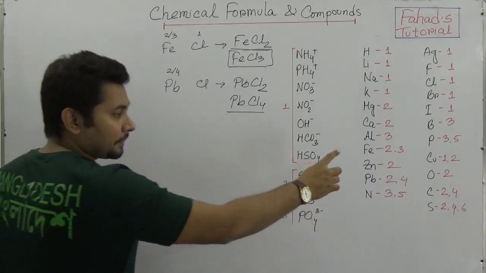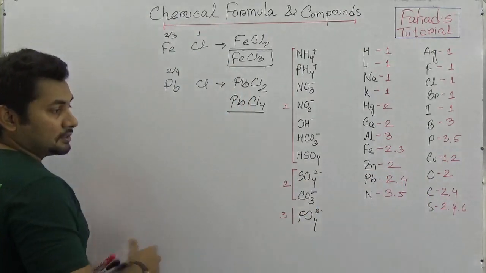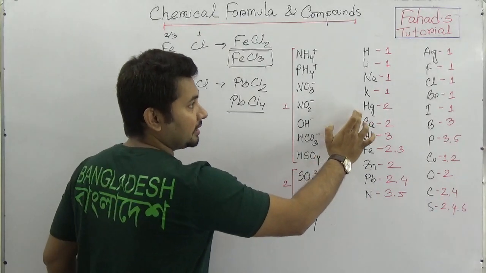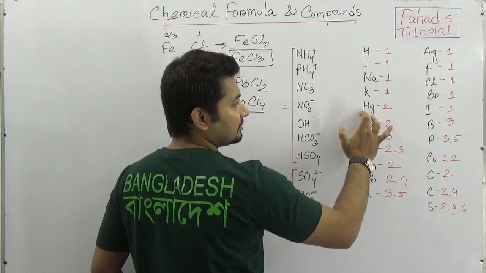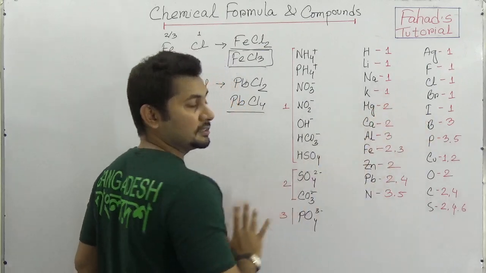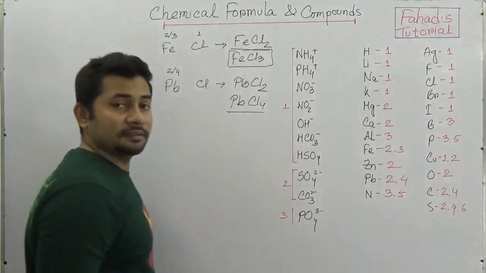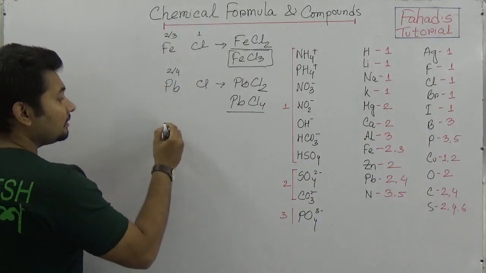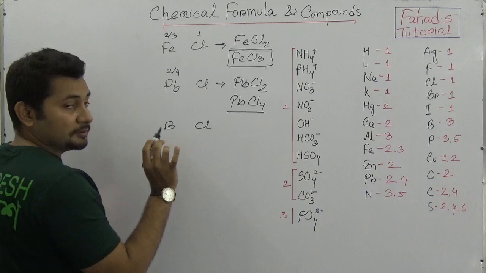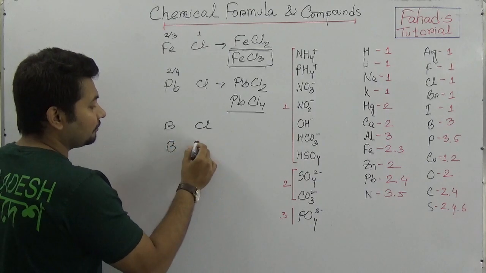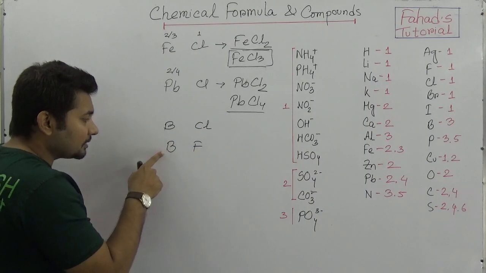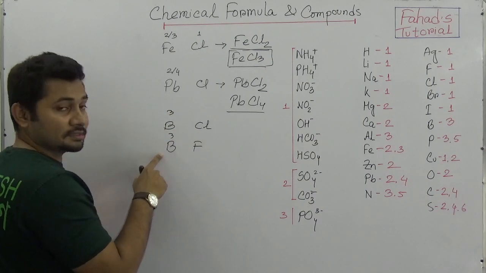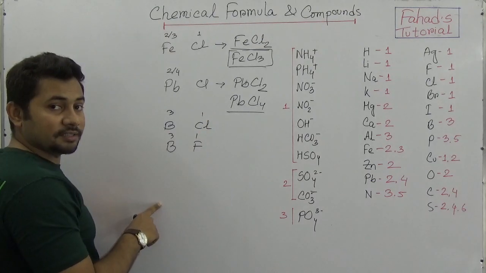But you see, if you use it with anything, like magnesium fluoride, magnesium chloride, magnesium bromide, magnesium iodide. Even so, there is another element, boron. So we can say boron and chlorine, suppose, or boron and fluorine. The valency of boron is 3 in each case, and the other is 1 in each case.